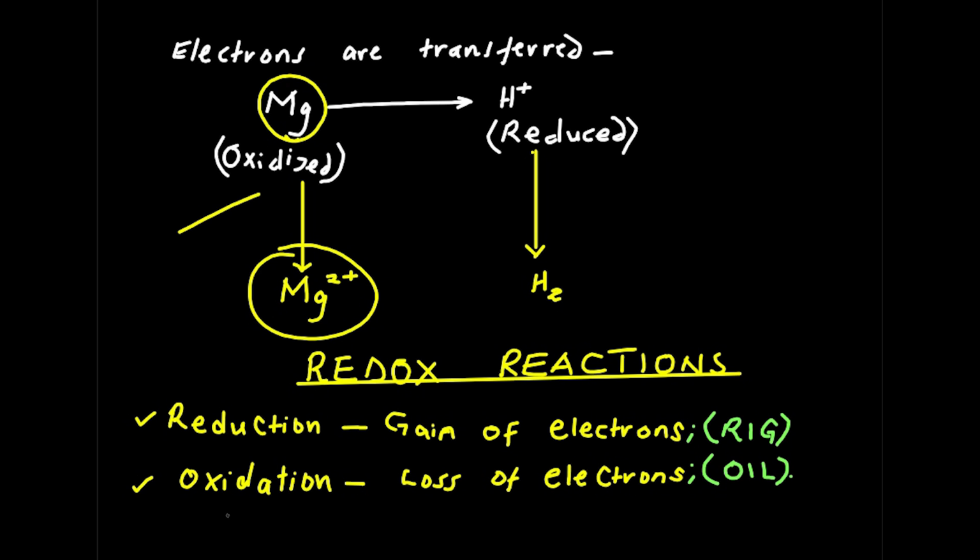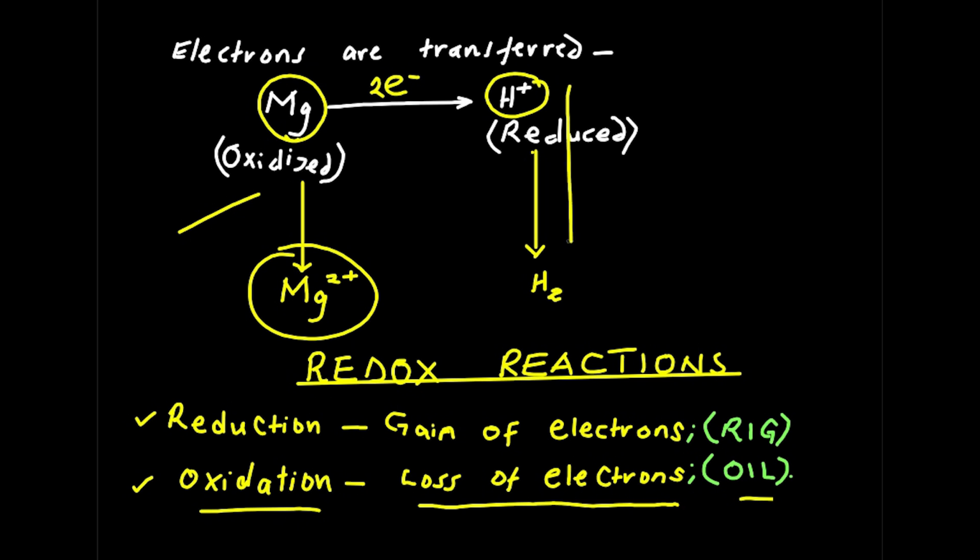And the process is oxidation, which in short is simply the loss of electrons, given a mnemonic of OIL. Oxidation is loss of electrons. On the other side, the electrons that were lost from magnesium were taken up by hydrogen ions.